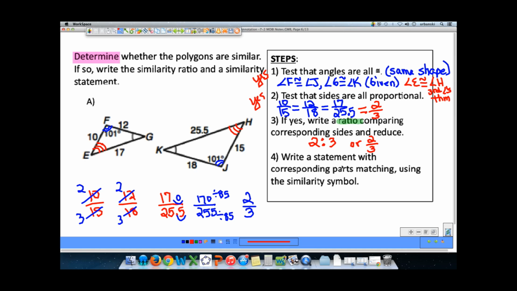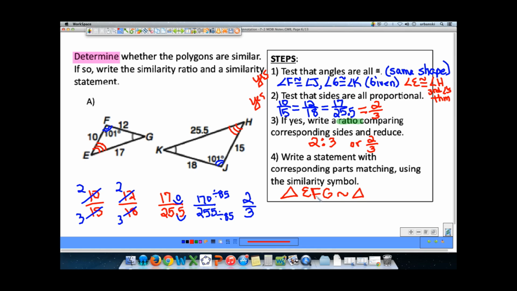And the last thing you have to do is write a statement with the corresponding parts matching. A similarity statement is what that's called. So all you have to do is find the parts that go together. For the first triangle, it's a triangle, not a pentagon like the other one. For the first triangle, write it in any order, E, F, G. I'll just go alphabetically. Since these are similar, you put a similarity sign, not congruent.